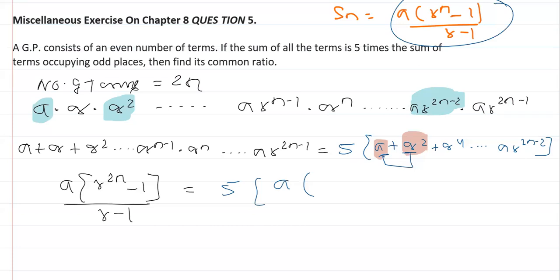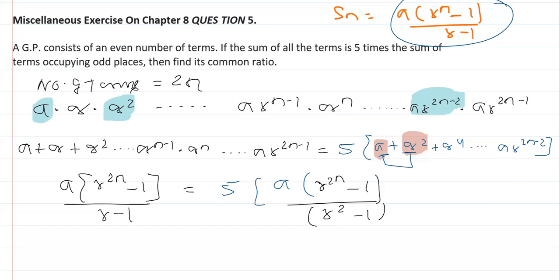So we'll write a as a, r as r square, raised to the power n, that means r raised to the power 2n minus 1, over r square minus 1. Here r is replaced by r square, and n is the number of terms.